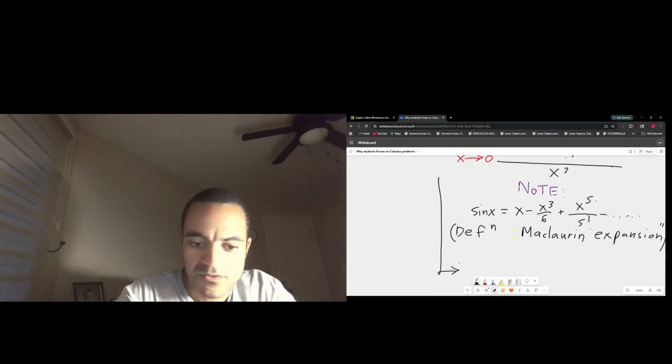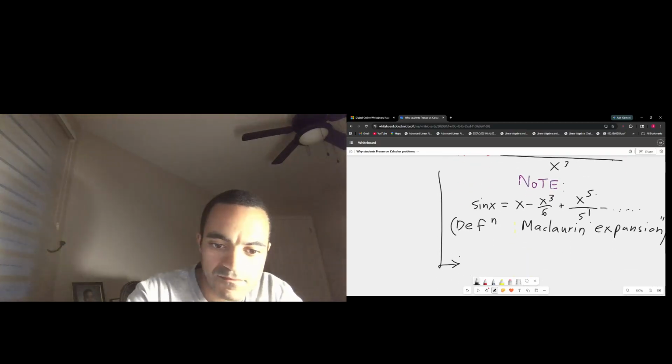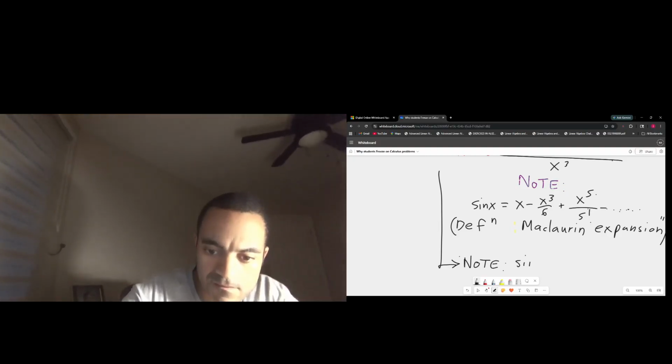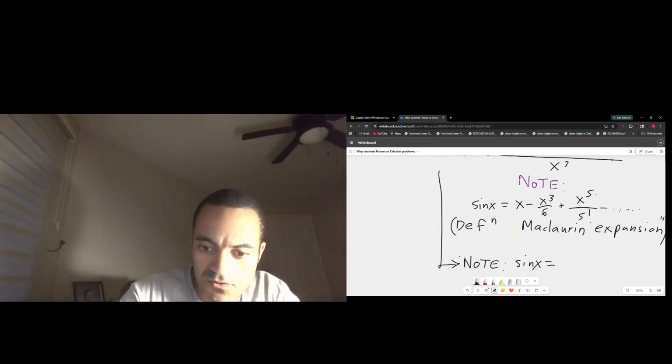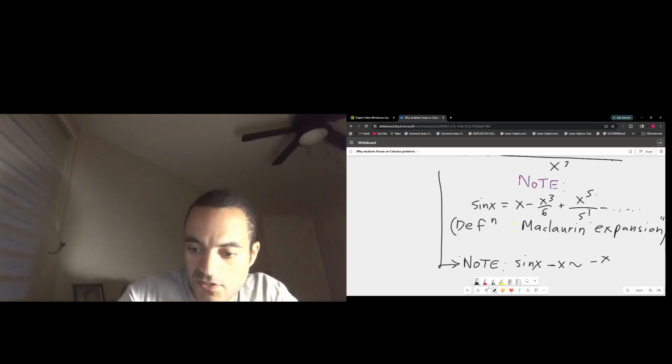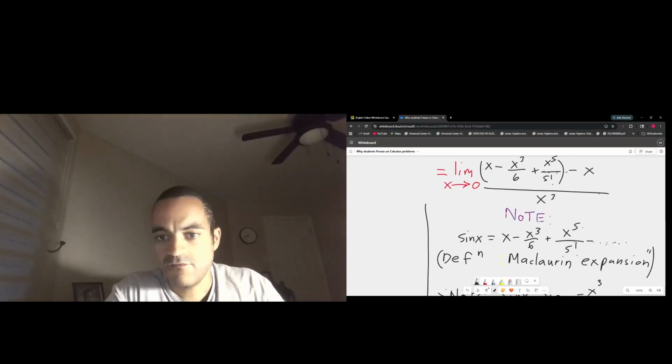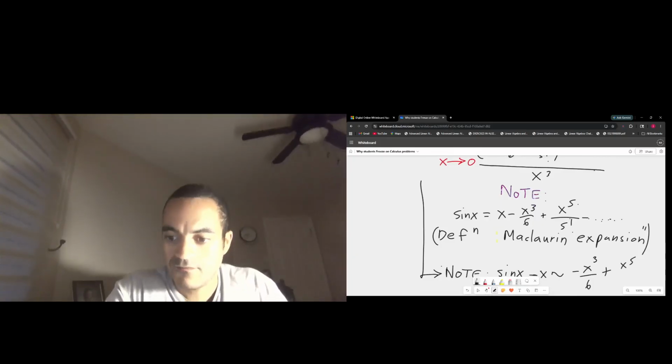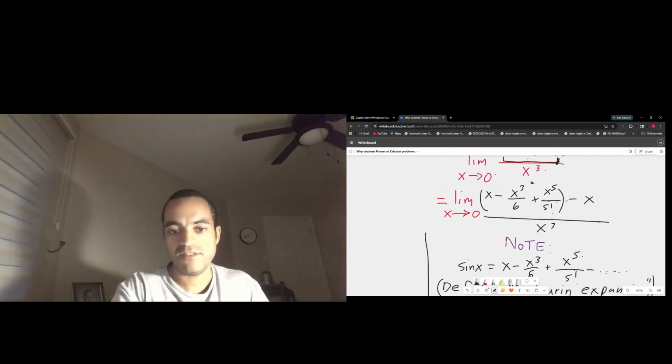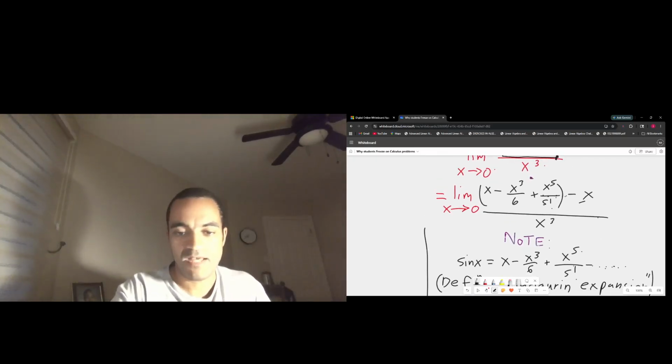So this becomes, note, sine x minus x is approximately equal to minus x cubed over 6 plus x to the 5 over 5 factorial. And that's what you would put in the numerator.